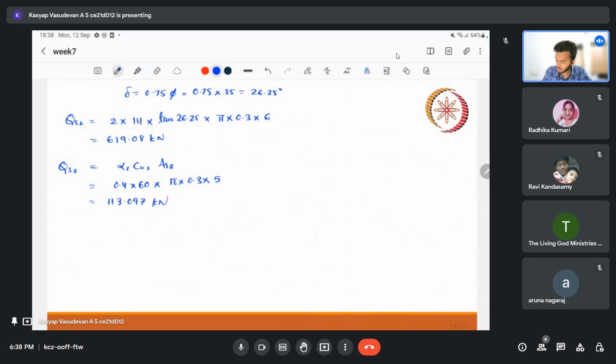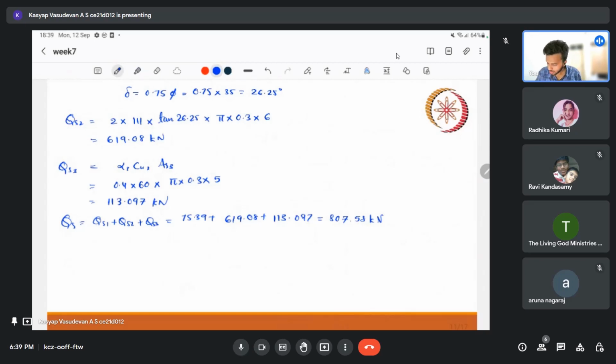If we add everything for the shear resistance, Qs1 plus Qs2 plus Qs3, we get 75.39 plus 619.08 plus 113.097, which is 807.58.